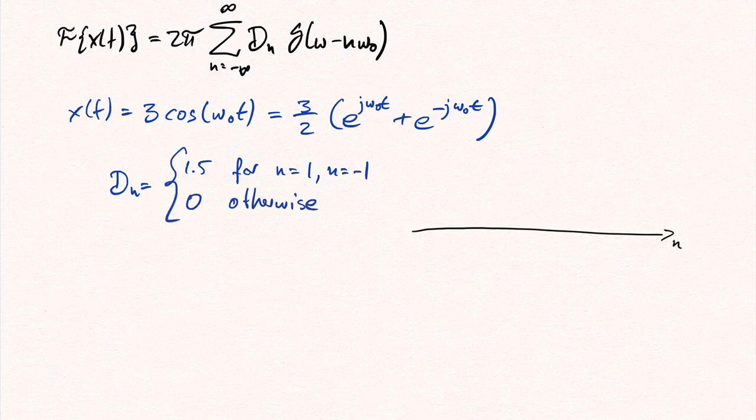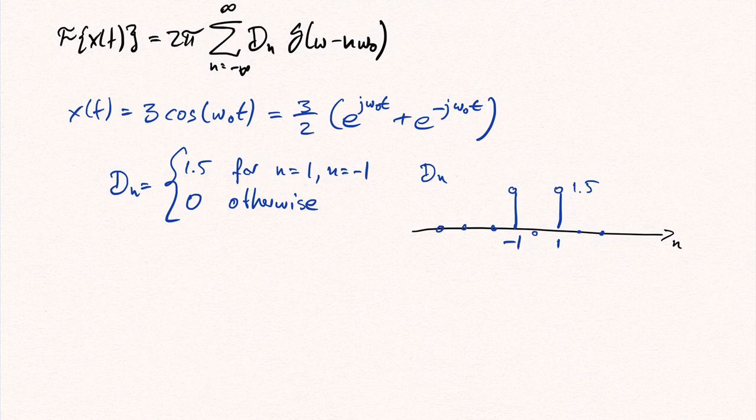Drawing the coefficients d n as a function of their index n shows that for n equals 1 and n equals minus 1, the coefficients are equal to 1.5 and 0 for all other values of n.